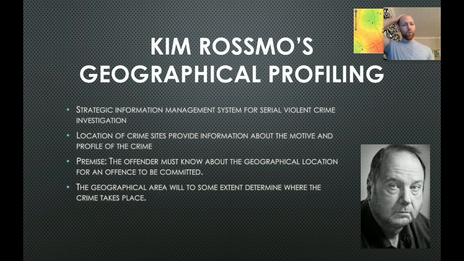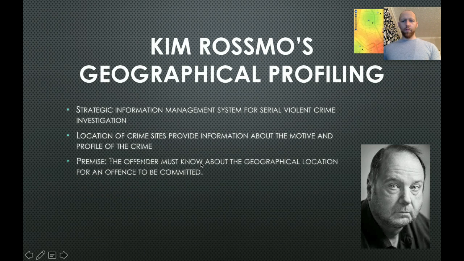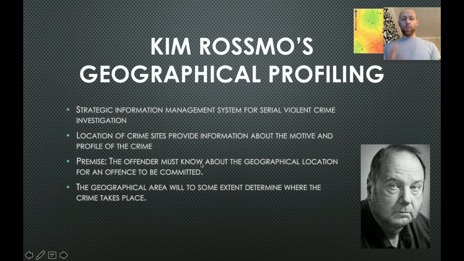And the geographical features of an area may determine where the crime takes place. So, for example, many criminals, and this was true of the Yorkshire Ripper, will take their victim to a secluded area where they're unlikely to be disturbed. But that secluded area will be determined by their availability.